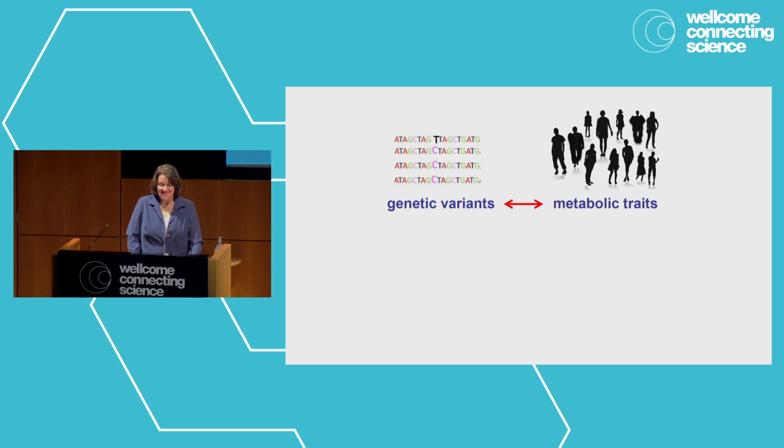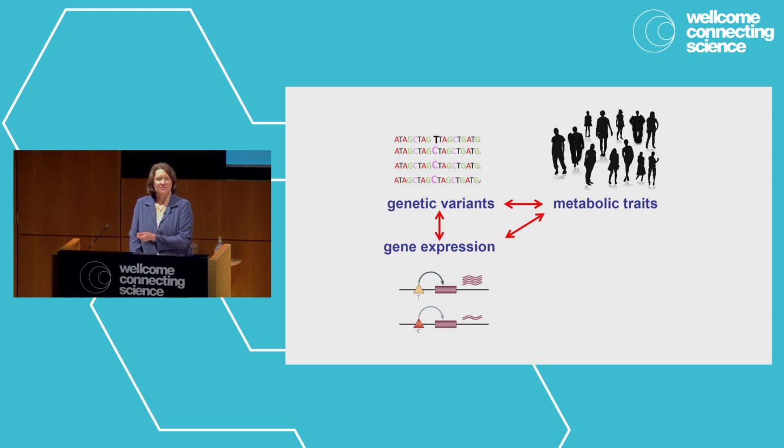The strategies we use to dissect the association between genetic variants and metabolic traits are, first, to focus on gene expression levels. In the same way that we ask whether genetic variants are associated with a trait in humans, we can ask whether they're associated with the level of expression of a given gene in a given tissue.